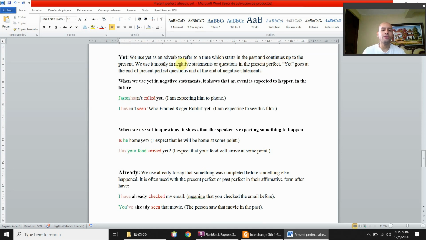We use it mostly in negative statements or questions in the present perfect. Yet goes at the end of the present perfect questions and at the end of negative statements. When we use yet in negative statements, it shows that an event is expected to happen in the future.